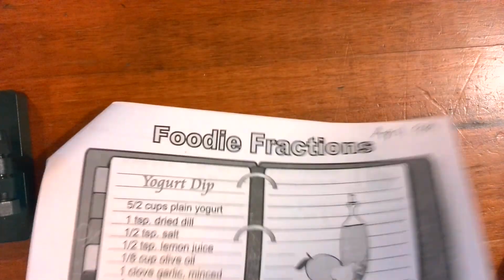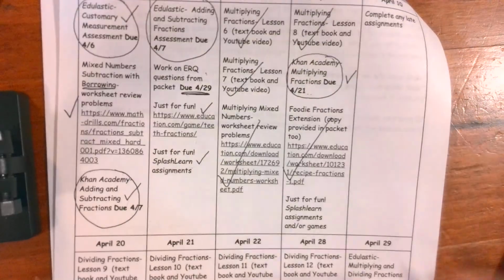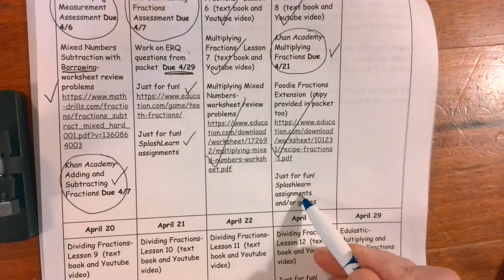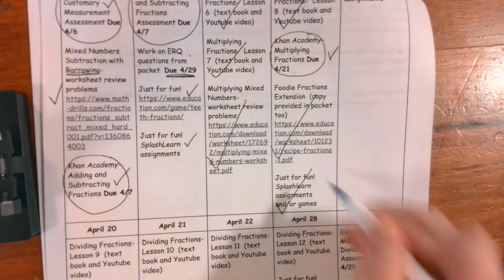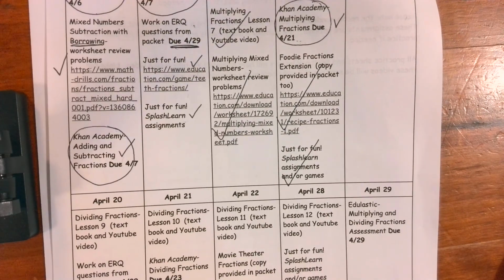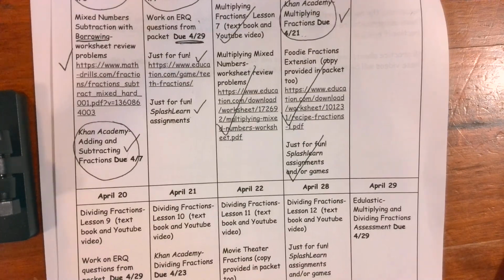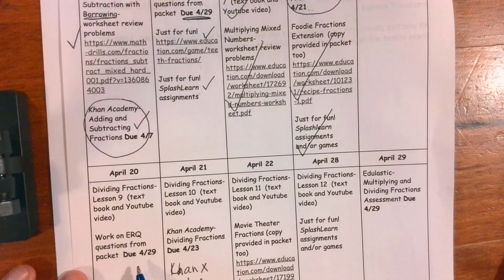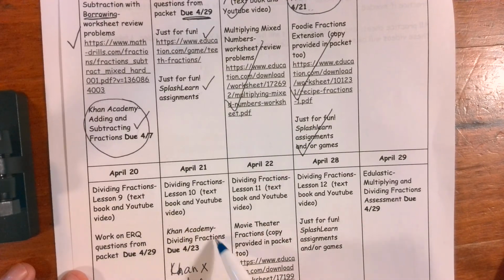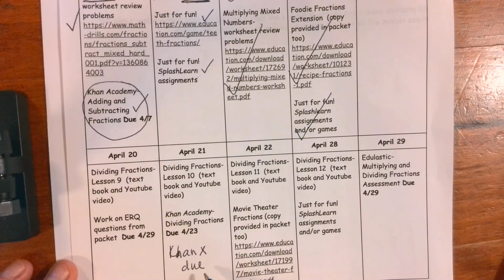All right, so let's look at our calendar of events. We have looked at foodie fractions, which you're going to finish. You have some splash activities you can practice. And next week, we're going to be focused on our dividing fractions. And then finally, we're going to look at multiplying. So next week, I want to give you a little bit of a preview. You do need to have your Khan Academy multiplying fractions ready to go on April 22nd.